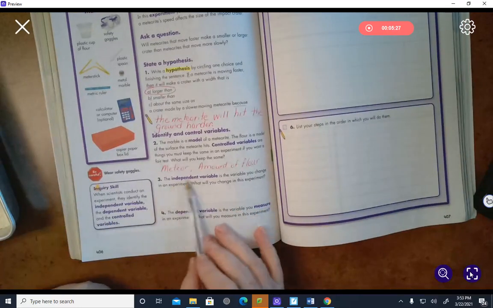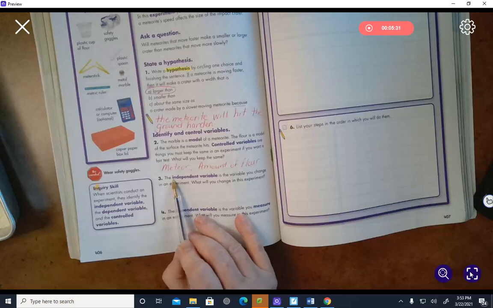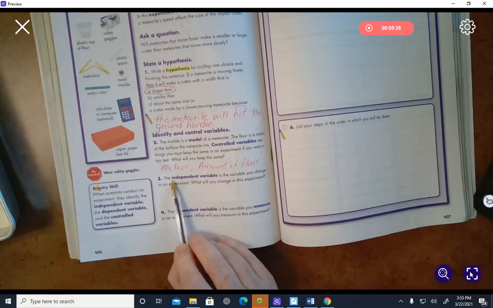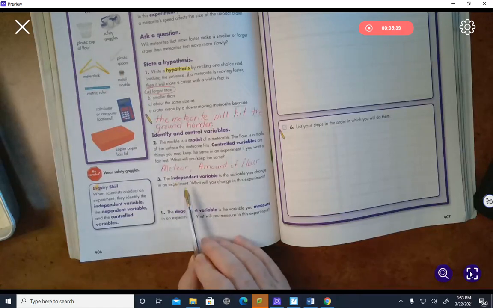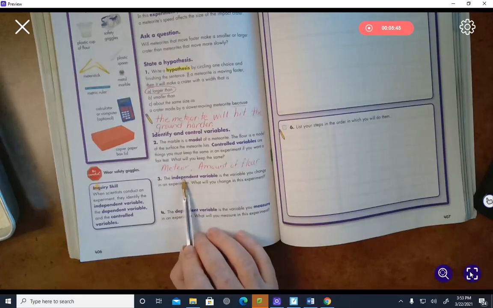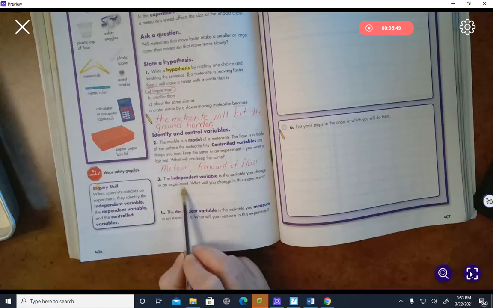Now, the independent variable. See, it starts with the letter I, and it's sort of what I am going to change. I'm going to manipulate it. Sometimes this is called the manipulated variable. It is the variable that you change in an experiment.